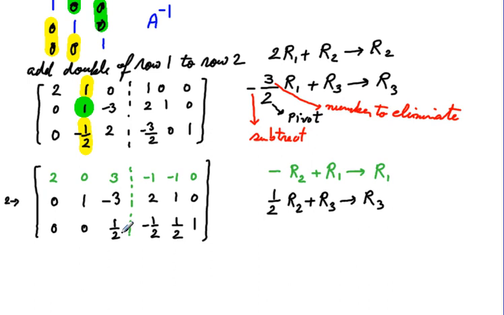Here, let's see, what did we do here? We came from 1/2 of row 2, we added to row 3, so minus 3/2 and a 2, we got 1/2. Okay.